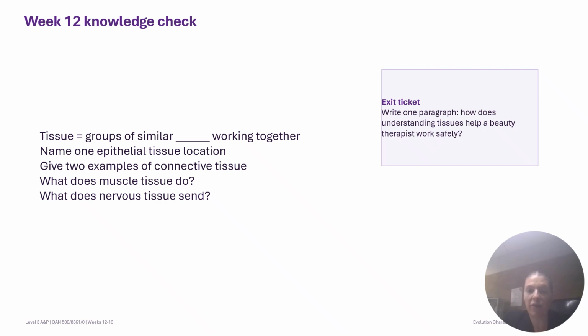We've just spoken about that in the bruising scenario. Now here you've got an exit ticket. I'd like you to write one paragraph. How does understanding tissues help a beauty therapist work safely? Think about everything that we've just said in regards to your contractions, your contraindications, and how that looks when we're giving these treatments.